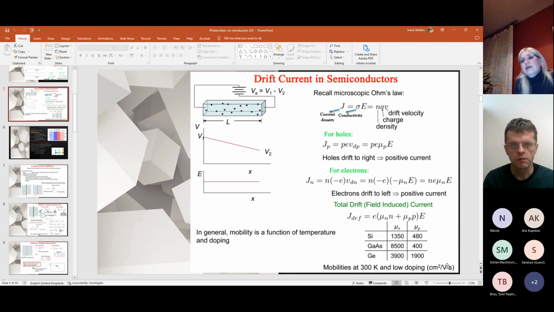That's why, usually, the mobility of electrons is much higher than the mobility of holes, because the effective mass of electrons for most semiconductors is quite different from that of holes. For most semiconductors used in solar cells, the effective masses are more or less similar.